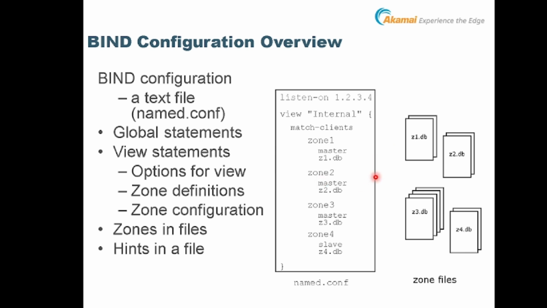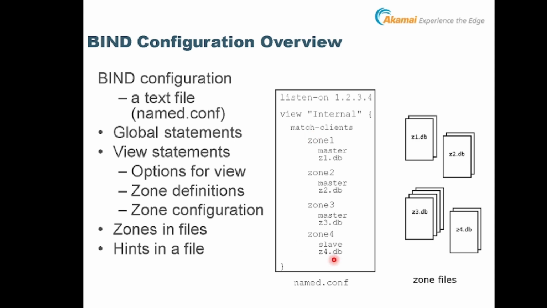As with AuthServe, I want to just make a contrast or a comparison to what an open source product like BIND, or named, as the process is known, might use.